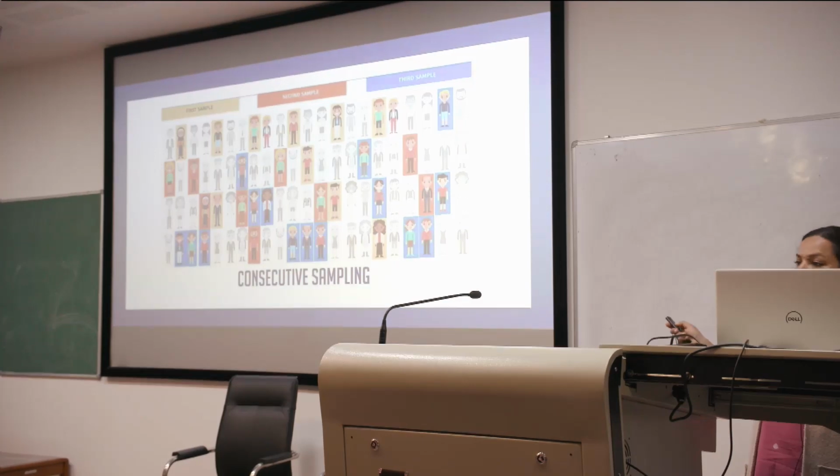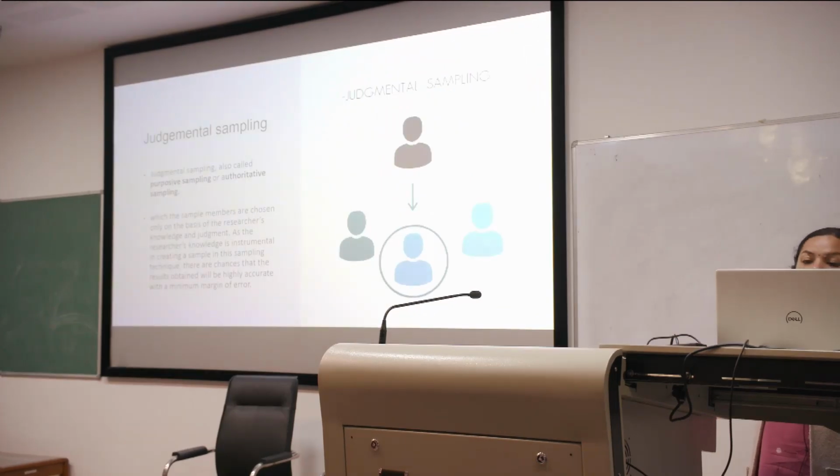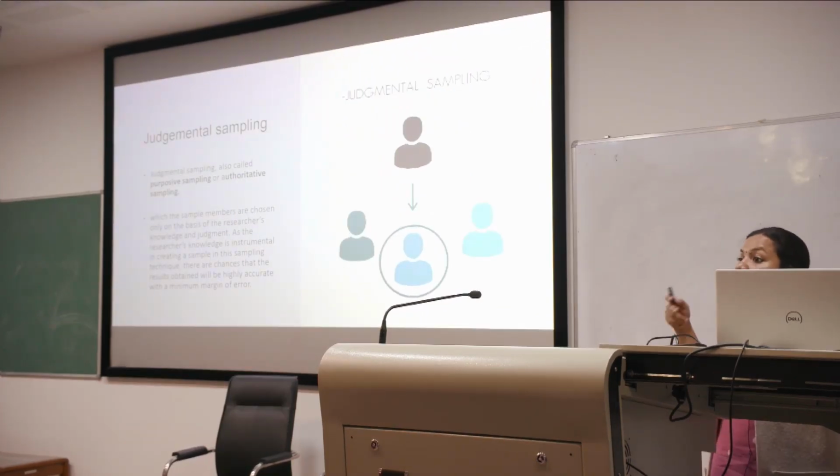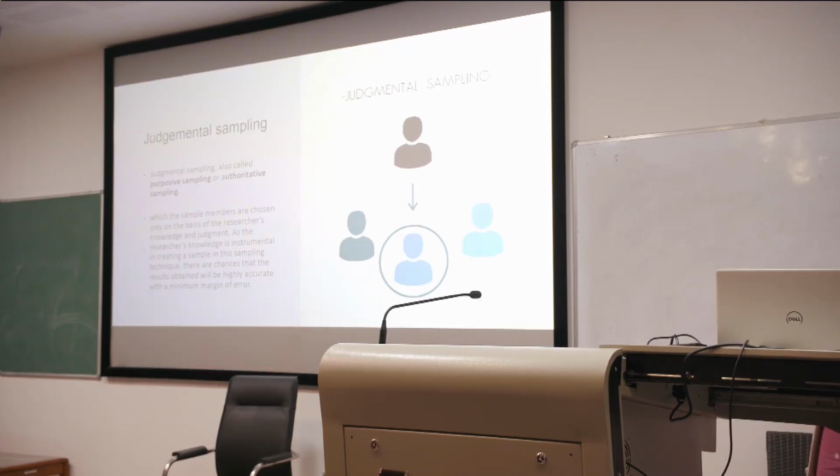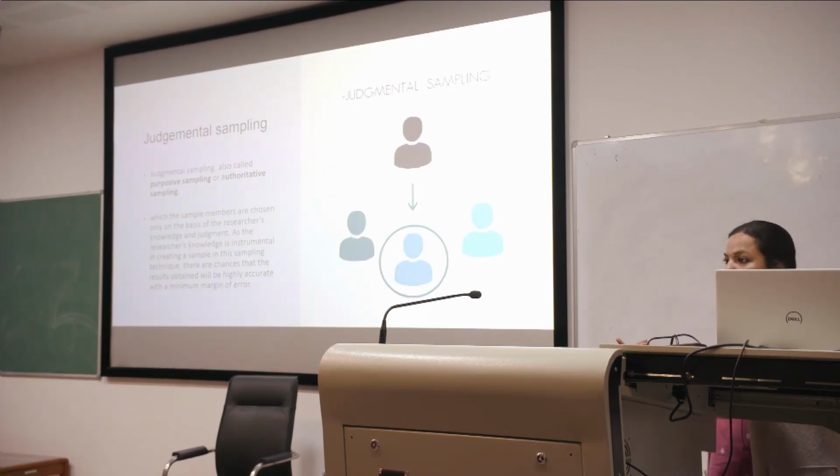Okay. First sample, second sample, third sample, it is up to how you are working. Then judgmental sampling, also called purposive or authoritative sampling. Based on the researchers' knowledge and experience, they judge who we should select for our study.